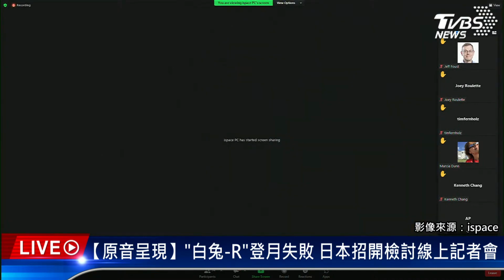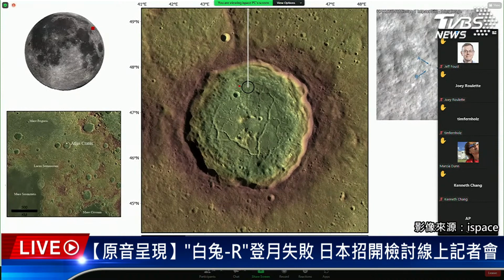With this picture, you can estimate how far it was from our target site. In this picture, the black circle in the center is our target landing area. The center is our specific target site, but in reality, the most probable hard landing point is a bit outside our landing area. So you can roughly estimate how far the actual hard landing site was from our target.